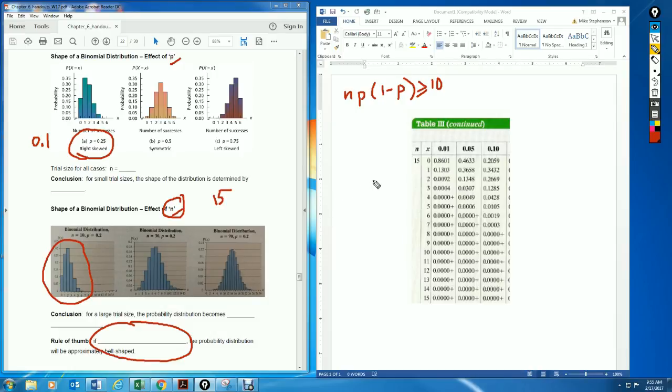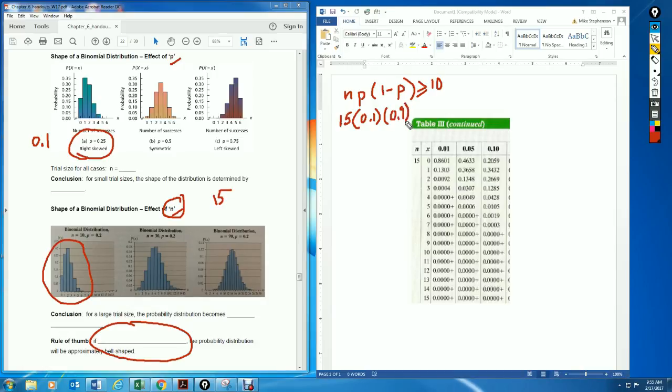But for the problem that we're looking at, our trial size is 15. Our probability of success is 0.1, and then 1 minus that is 0.9.